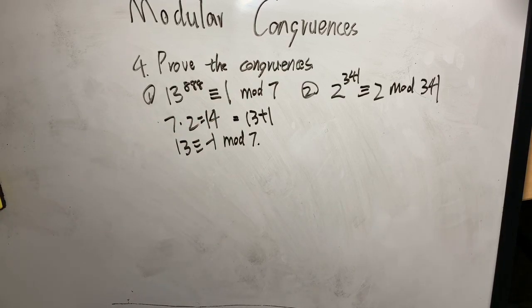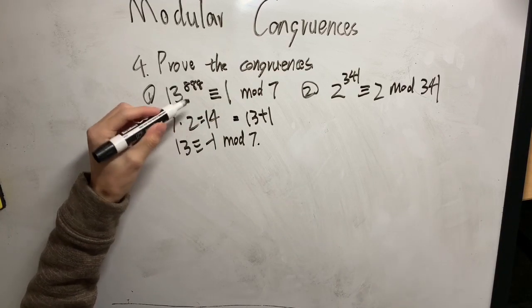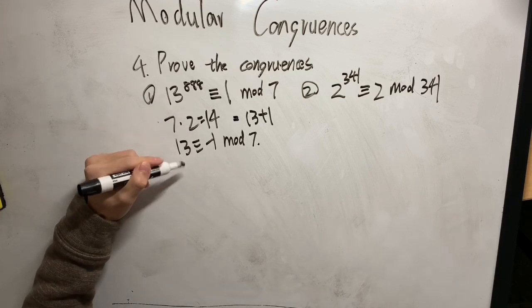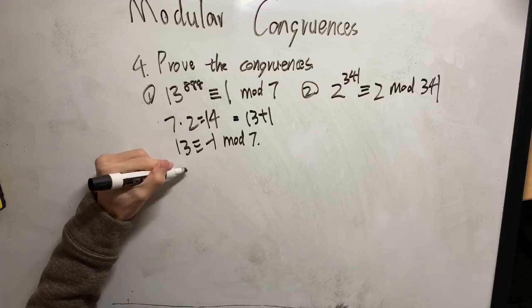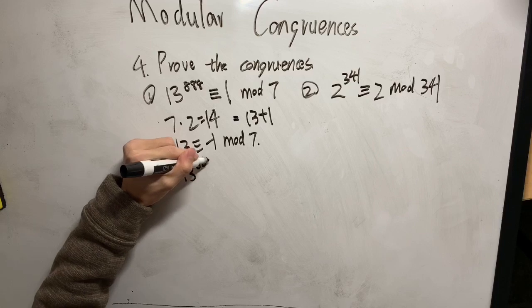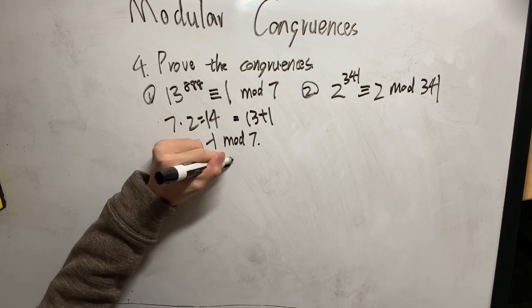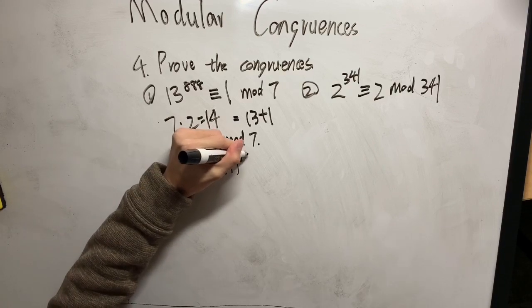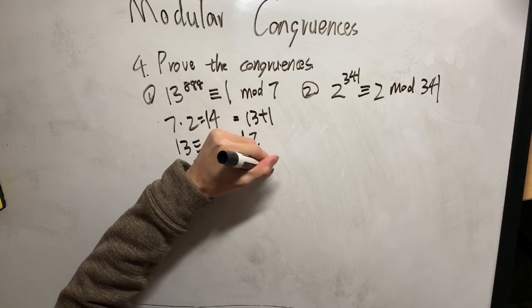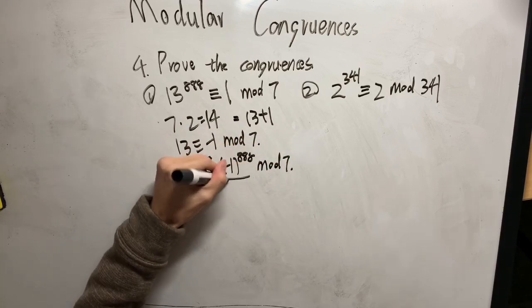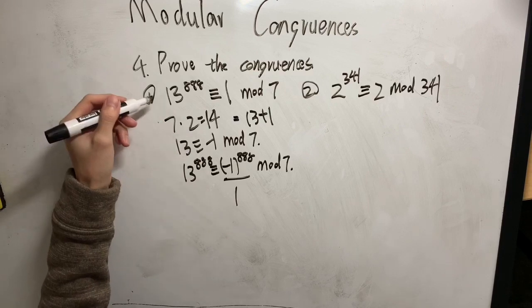So we have power of 888 on both sides. Then 13 to the 888 is congruent to -1 to the power of 888 mod 7. And that's just 1. So we have proved the first one.